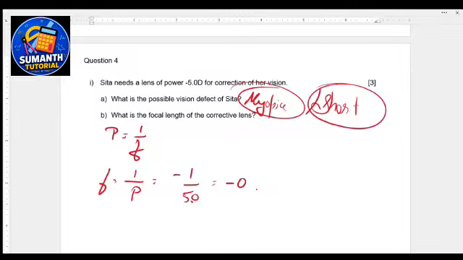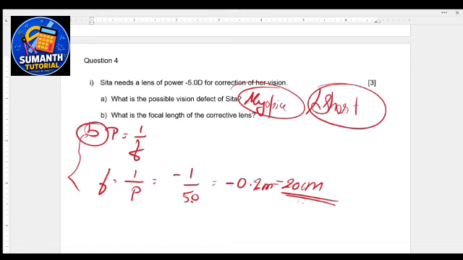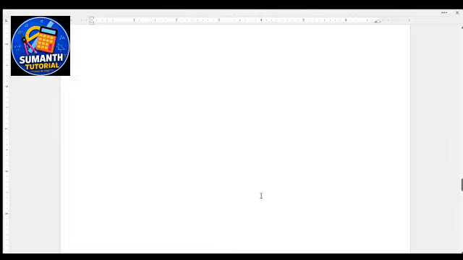It is minus 0.2 meter, which you can directly write as equals minus 20 centimeter. Writing 0.2 meter is enough. So this part is for 2 marks, and the previous part A is 1 mark, so in total it is a 3 marks question.